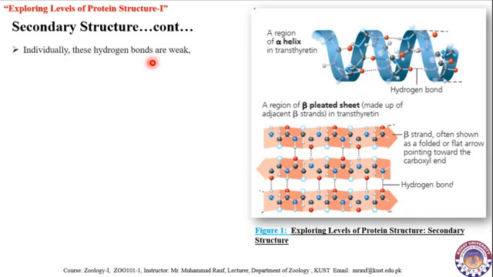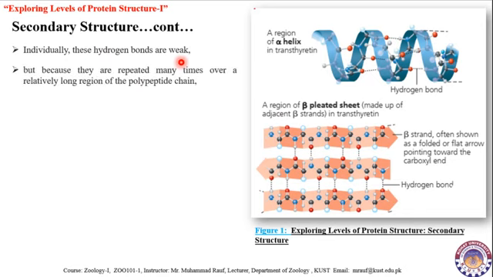Individually, these hydrogen bonds are weaker, but because they are repeated many times over a relatively long region of the polypeptide chain, they can support a particular shape for that part of the protein.